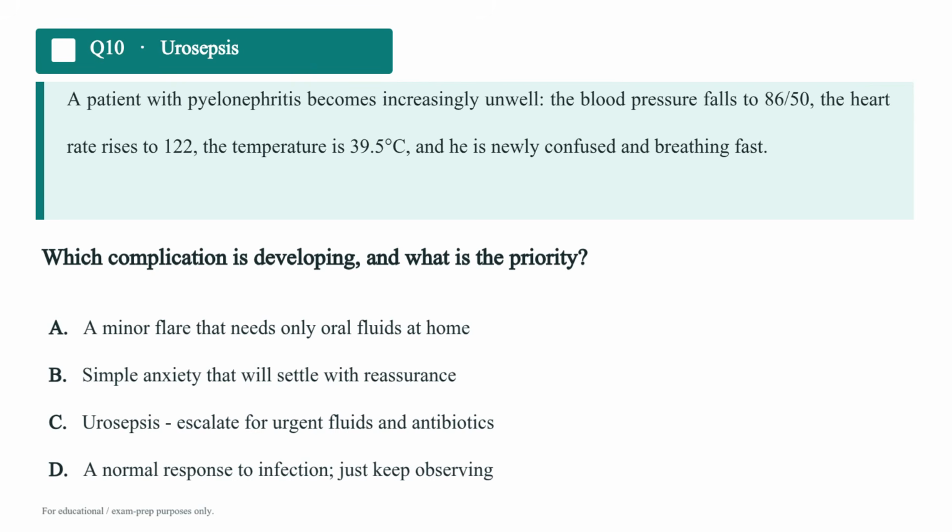Option A, a minor flare that needs only oral fluids at home. Option B, simple anxiety that will settle with reassurance. Option C, urosepsis, escalate for urgent fluids and antibiotics. Option D, a normal response to infection, just keep observing. Pause here and choose your answer.